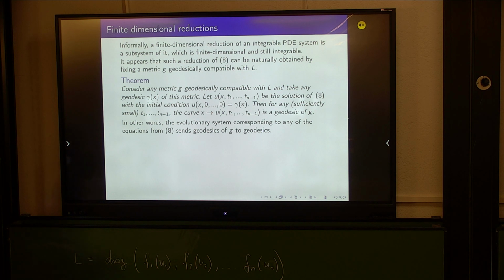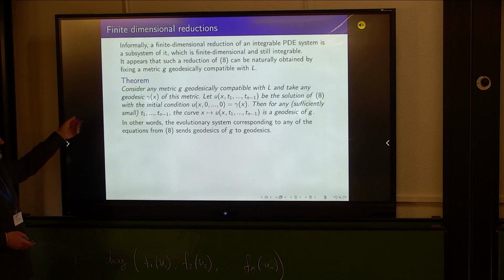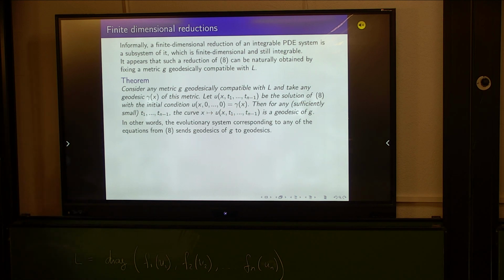Then if you take the solution with this initial condition, and fix t1, ..., t_{n-1} and vary x, this solution is still a geodesic of the same metric. So the evolution defined by this system of PDEs sends geodesics to geodesics.